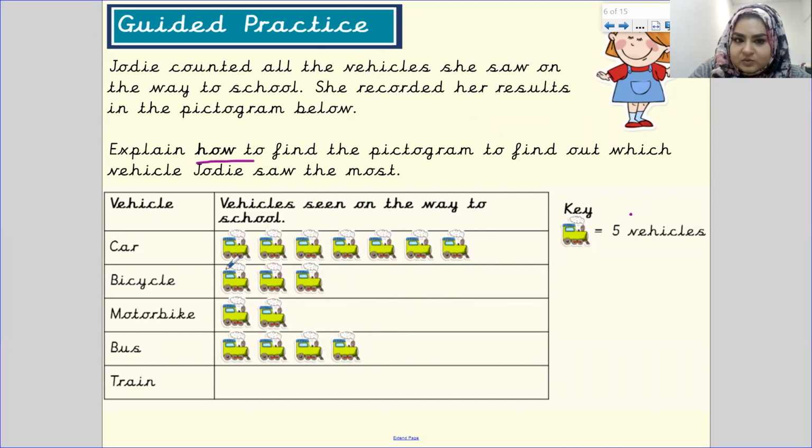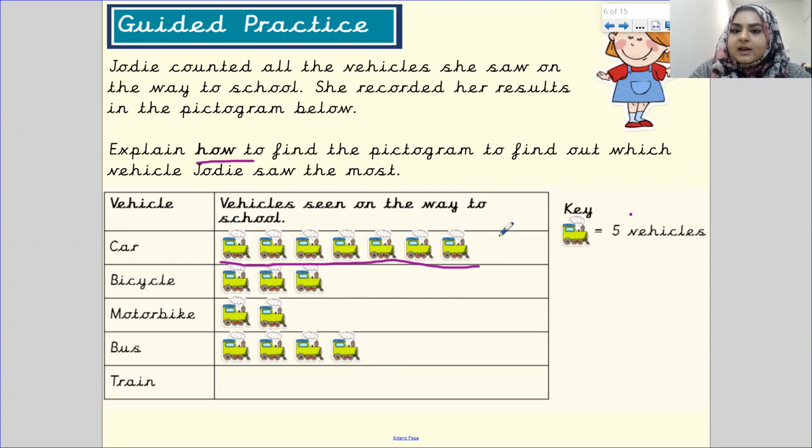If we look at this, we know she saw the car most because there are more pictures of cars than any other vehicle. And that is how we would use a pictogram. You would look at the pictures that are being represented as numbers, and whichever object has the most pictures means the most vehicles.